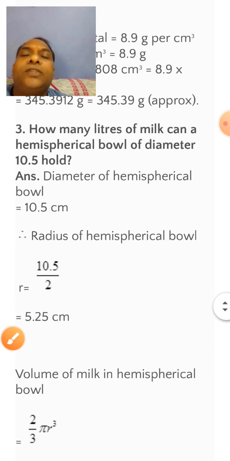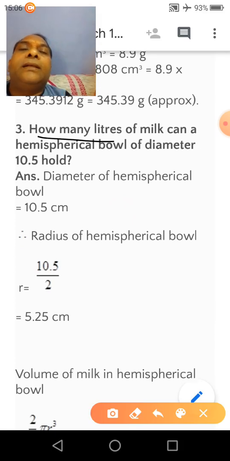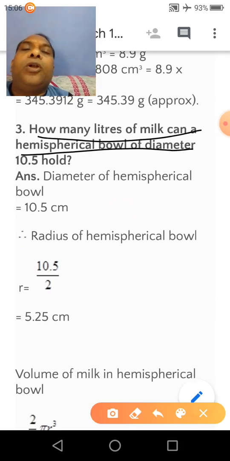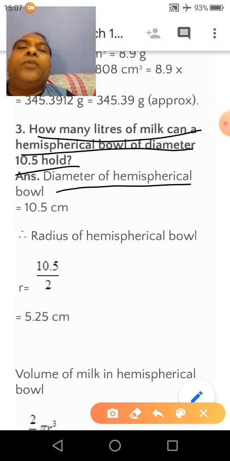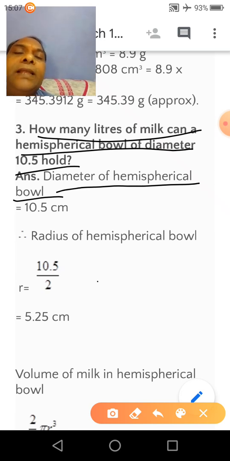How many liters of milk can a hemispherical bowl of diameter 10.5 centimeter hold? So here diameter of hemispherical bowl is given. Clear? So hemispherical bowl means this shape.